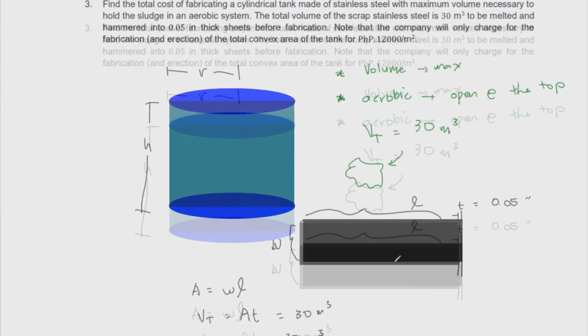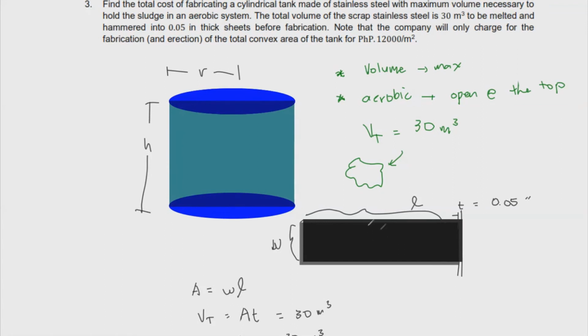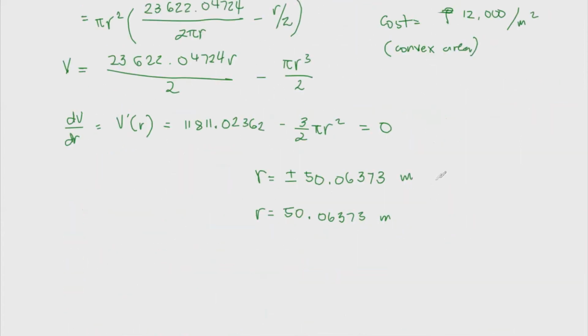If you have a plate, you just have to draw a circle right there, and that's typically the base. But if we're fabricating the cylindrical tank, then we have to curve the remaining area just to fit with a circle. So that's why the company will only be charging for the erection of the convex area in this case. Anyway, it's not our problem.